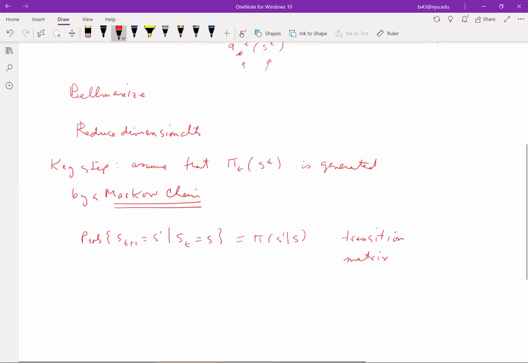Okay, so now we're going to get this specialization.